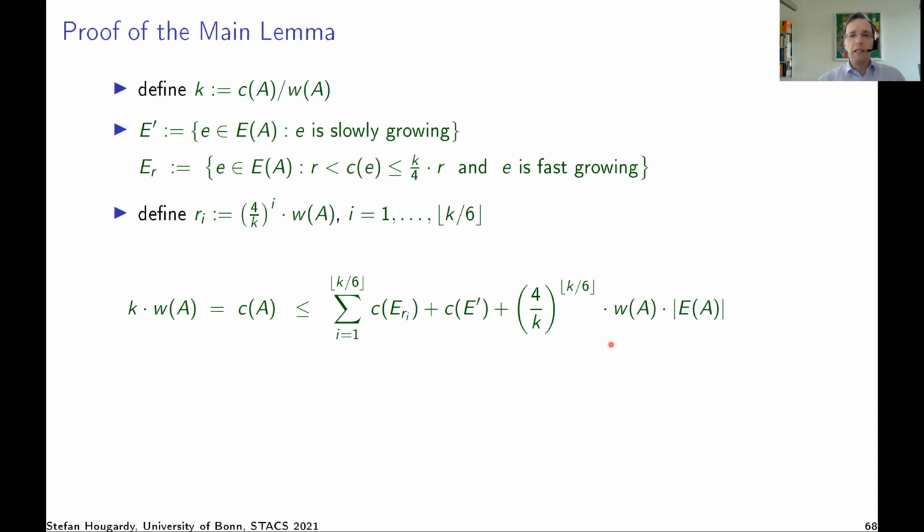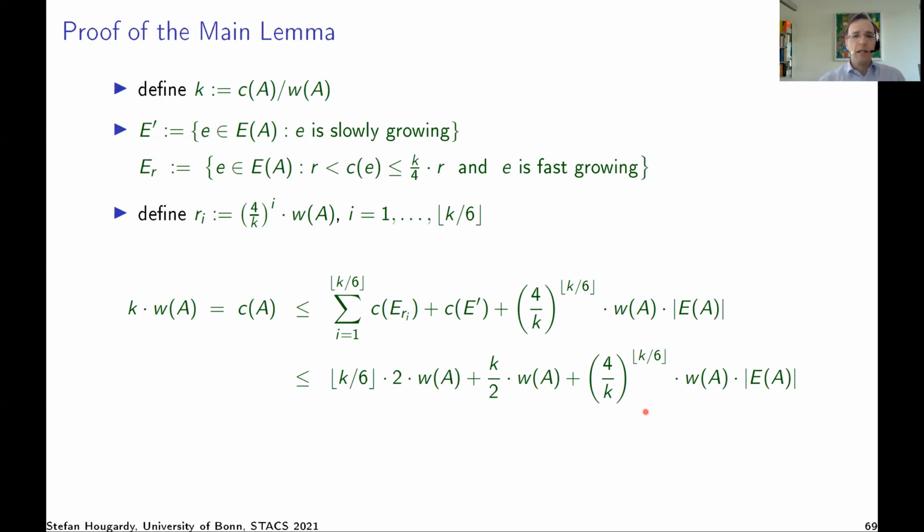And now we can plug in our two previous lemmas for the slowly growing and fast growing edges. And so we know that C of ERI is bounded by twice the W value. So this is the first bound that we plug in. For the set E prime, we had this bound K over 2 times W of A. And the last term we simply keep the same.